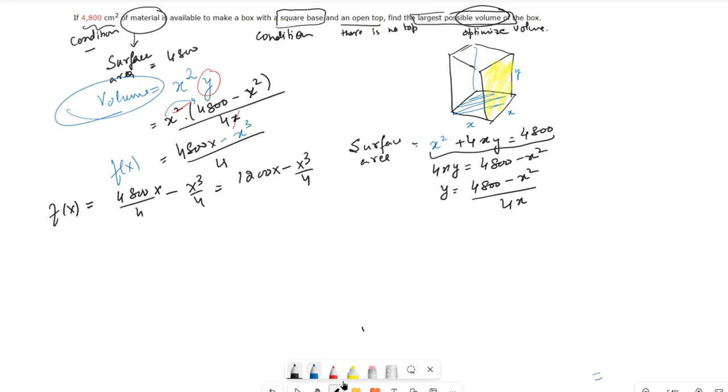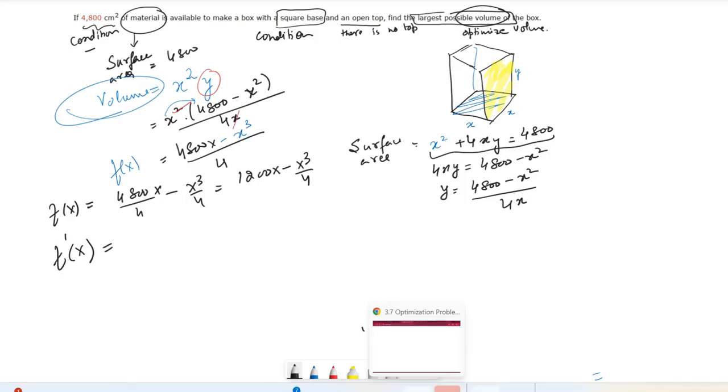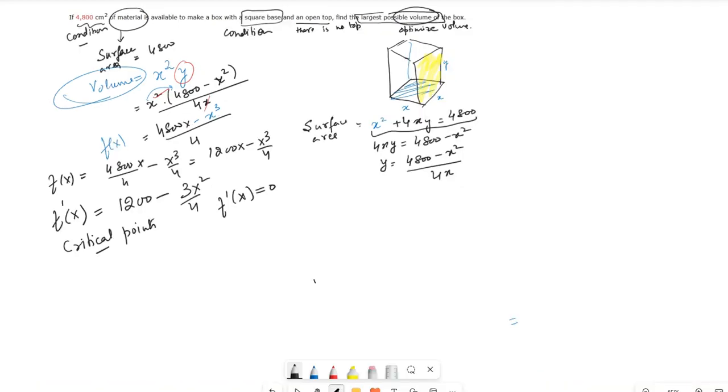For maximizing it, we need to apply calculus. So f′(x) is equal to the derivative of 1,200x, which is 1,200, minus the derivative of x³, which is 3x², all by 4. Next step is to find critical points. For critical points, we put f′(x) equal to 0. We do not need to check where f′(x) does not exist because this is a polynomial, which exists everywhere.